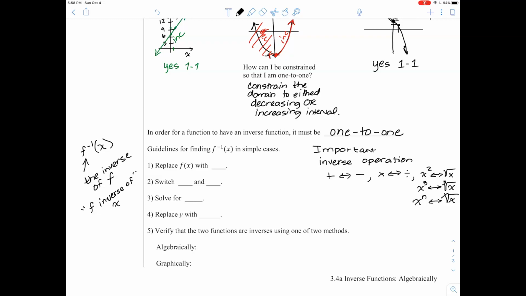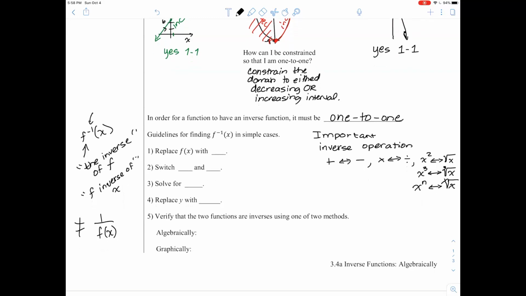Okay, so either of those are critical, but this does not mean 1 over f of x. Okay, this is not a negative 1 exponent. It's an inverse notation when we're talking about function notation.